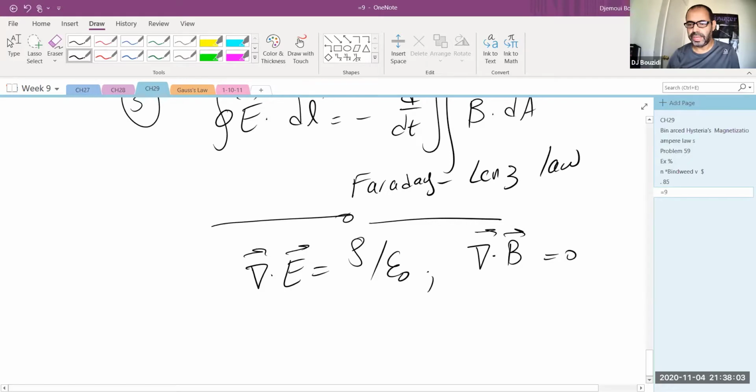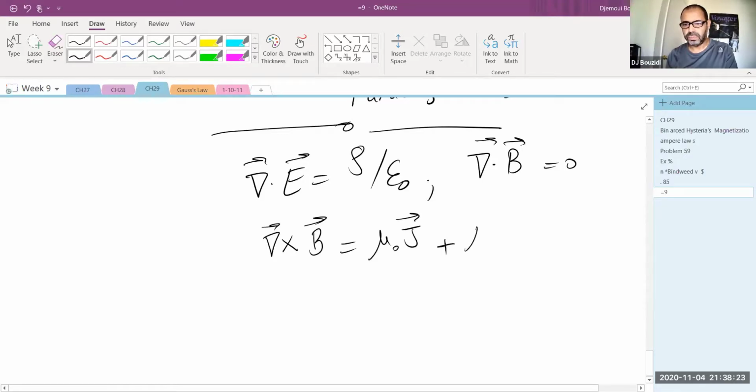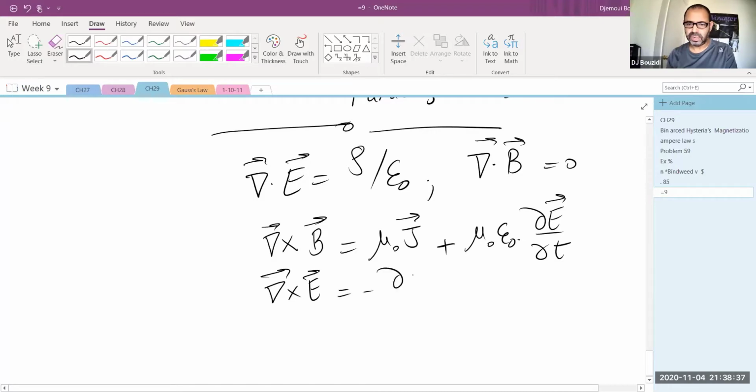And then Ampere-Maxwell's law becomes the curl of B, I'm sorry, is equal to mu naught times the current density plus mu naught times epsilon naught times the rate at which the electric field is changing with time. And finally, Faraday-Lenz law gives me the curl of E, which is equal to minus the derivative of B with respect to time.